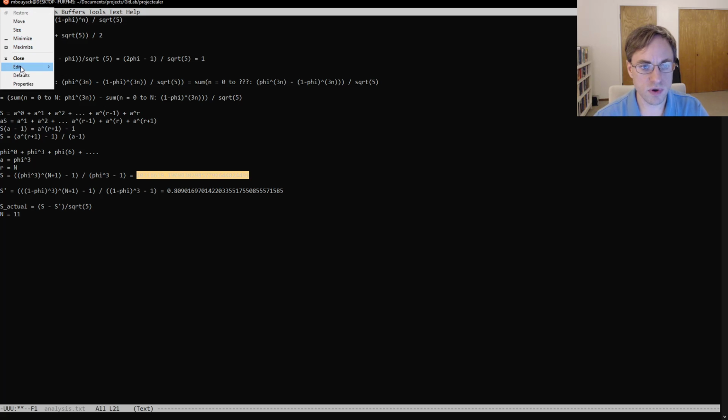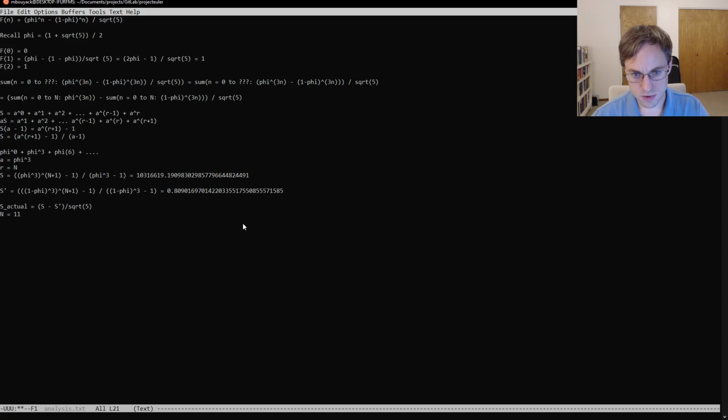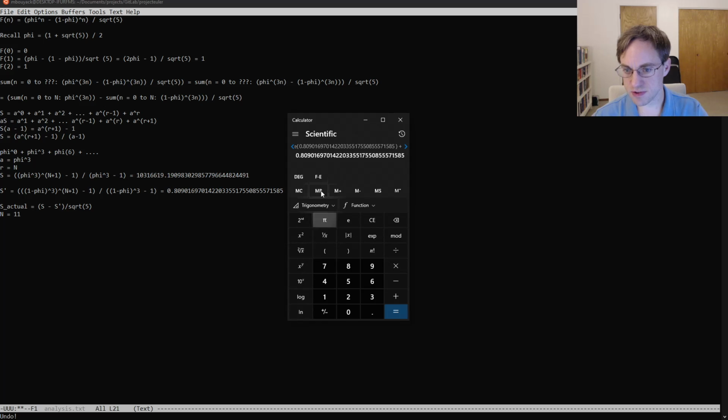Might have to do it this way. It's not letting me copy. I think it doesn't like me copying out of the Windows Subsystem for Linux. So we'll just do things the long and painful way here.